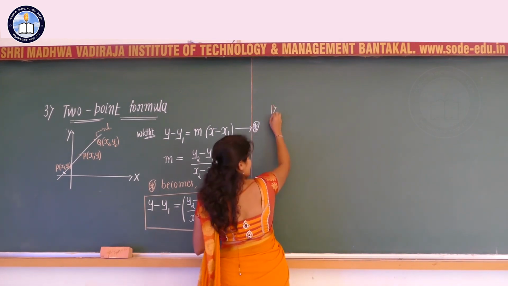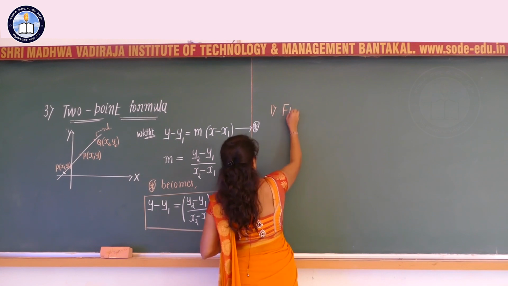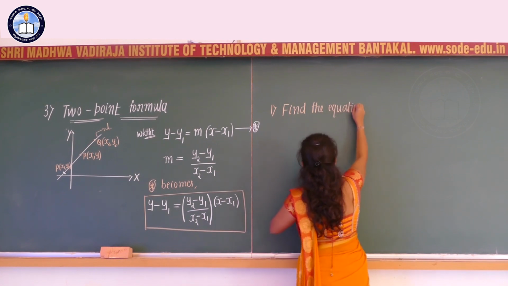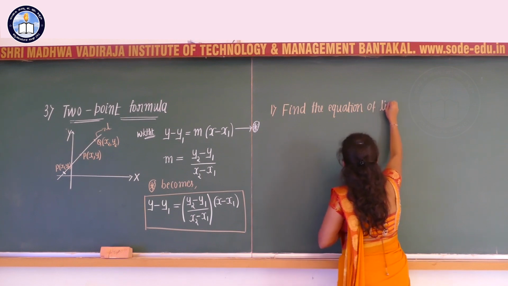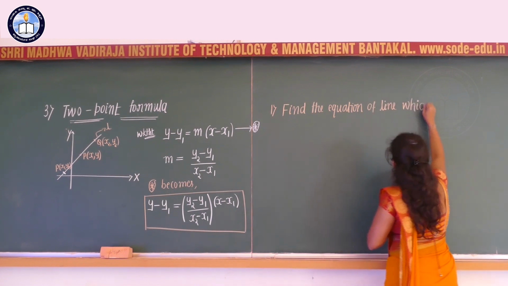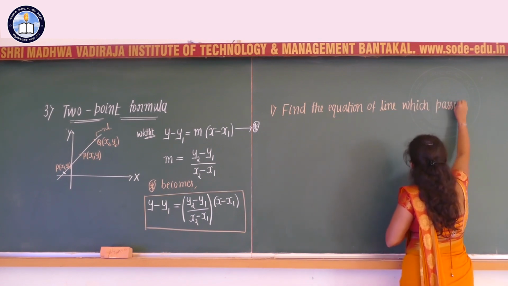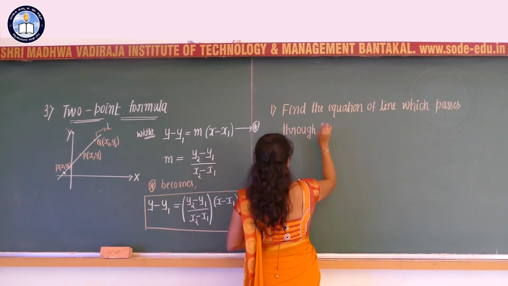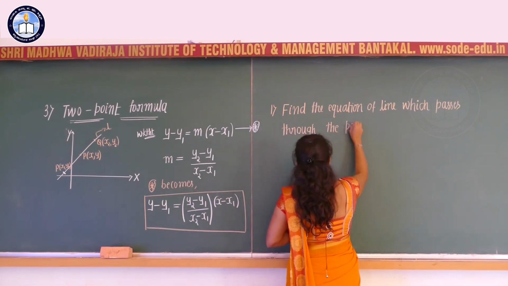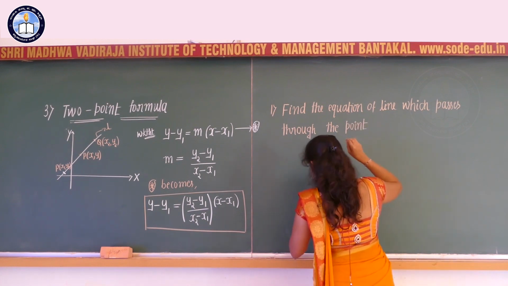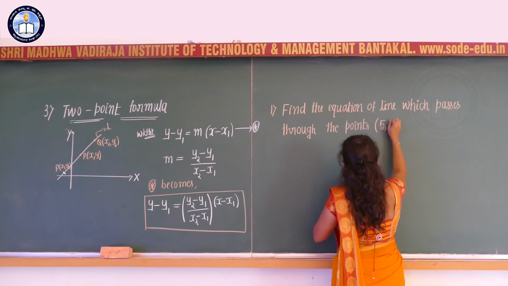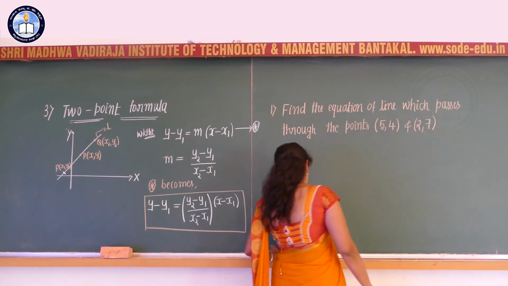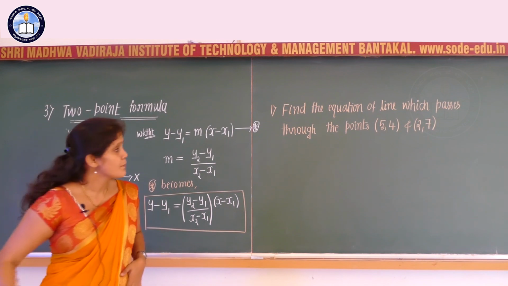The question is: find the equation of the line which passes through the points, ordered pairs 5, 4 and 2, 7.